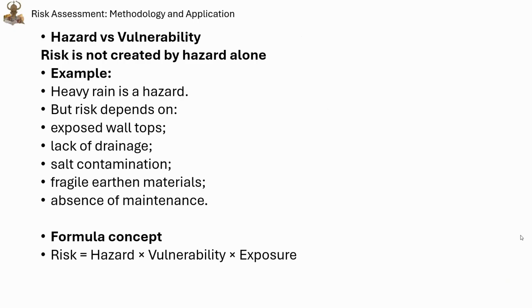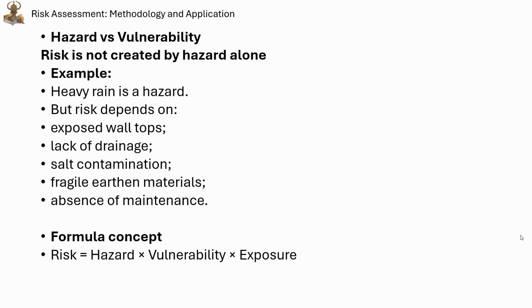For example, rainfall is a natural environmental condition. The level of risk depends on vulnerability and exposure. The earthen wall without protective plaster, drainage, or maintenance may be highly vulnerable. A sheltered and maintained structure may face the same rainfall but experience much lower risk.